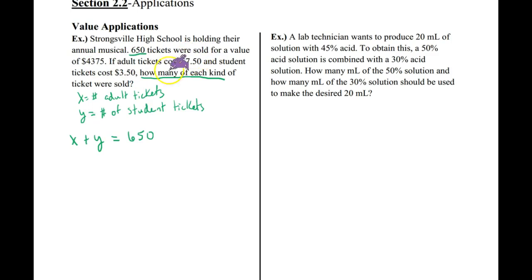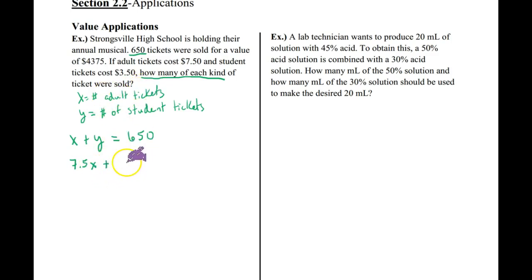And now we need to use the money. So each adult ticket was $7.50 and each student ticket was $3.50. The way I would calculate how much money was made from the adult tickets is I would take that $7.50, how much each ticket was, times however many tickets I sold, which I don't know.